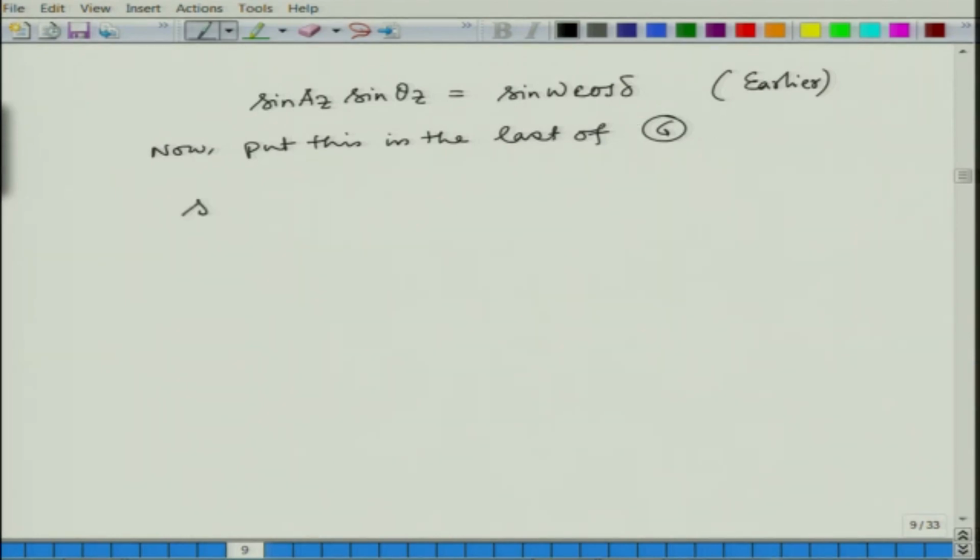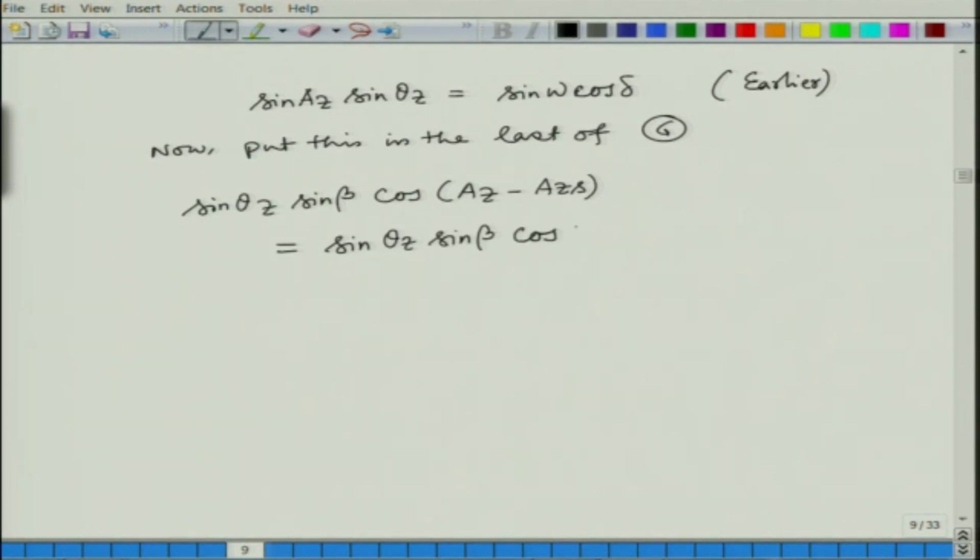Okay. So, we can write the sine of zenith angle multiplied by sine of tilt angle cos of solar minus surface azimuth angles will be equal to sine of zenith angle sine of tilt angle cos of solar azimuth angle cos of surface azimuth angle plus sine of hour angle cos of declination angle multiplied by sine of surface azimuth angle and sine of tilt angle.